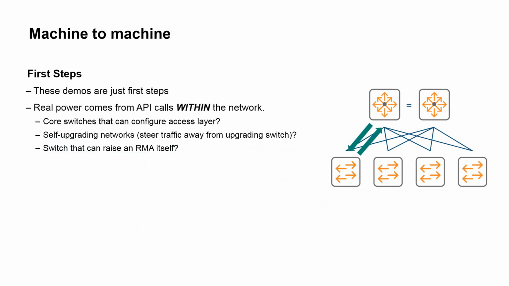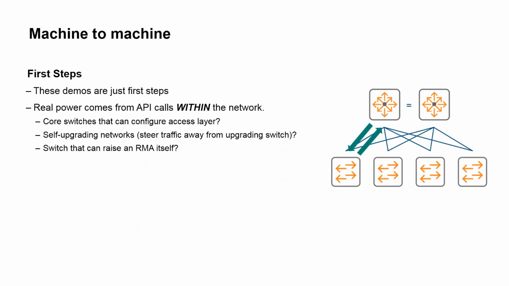So these demos, there's a few Alexa demos doing the rounds at the moment, but the real power comes when the API calls are within the network, okay? So what if you could have API calls between the core switches that then can configure an access layer device?